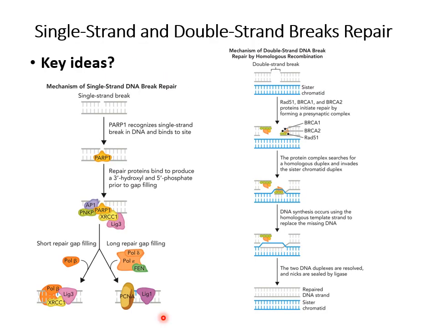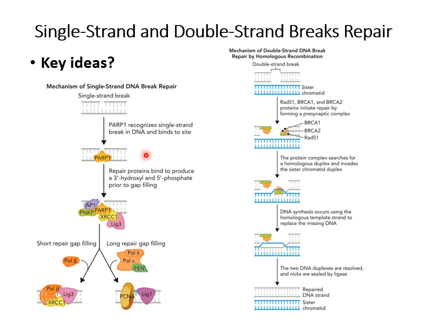The last forms of DNA repair that I want to mention are single strand break repairs and double strand break repairs. And so basically, when you look at the single strand DNA break repairs in eukaryotes, it's very similar to the base excision repair and nucleotide excision repair mechanisms, but basically will have different names for the proteins, okay?